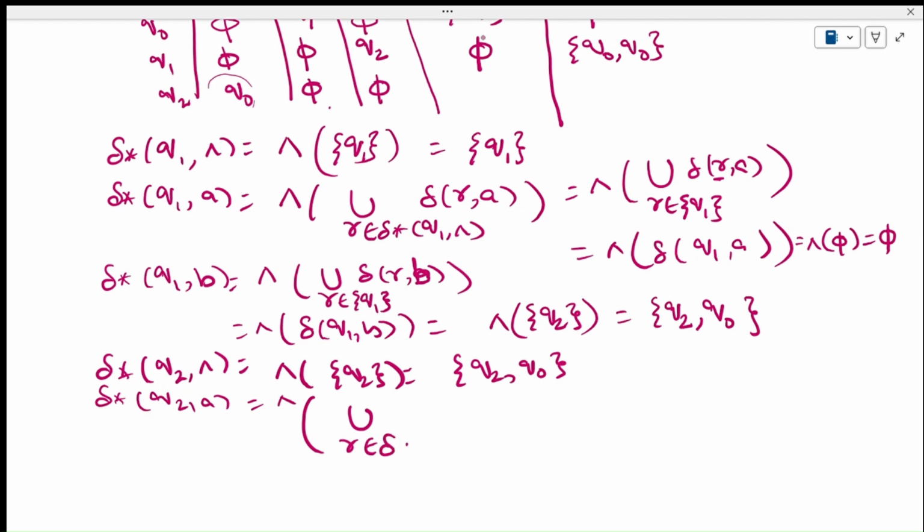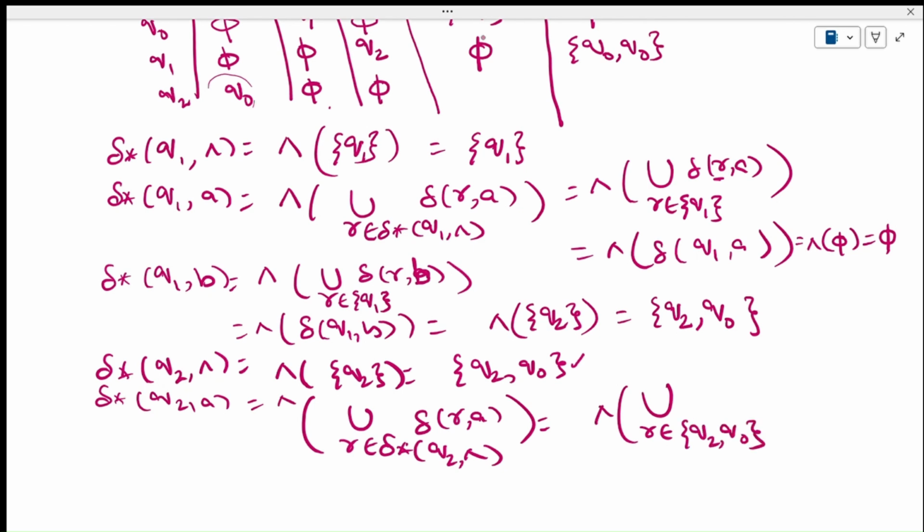That is delta star Q2 comma null delta R comma A, which is equal to null closure of union of, replace this delta star Q2 comma null, we have already found as Q2 Q0. That is R belongs to Q2 Q0 delta R comma A.